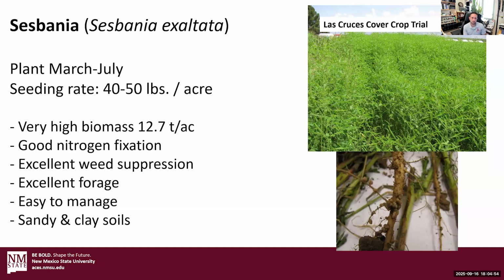So about 12.7 tons per acre it can make. It's a really great nitrogen fixer. You see the rhizobium, those little nodules on the bottom picture. It's excellent for weed suppression. Again, it can outcompete those weeds. It's fairly easy to manage in both sandy and clay soils.